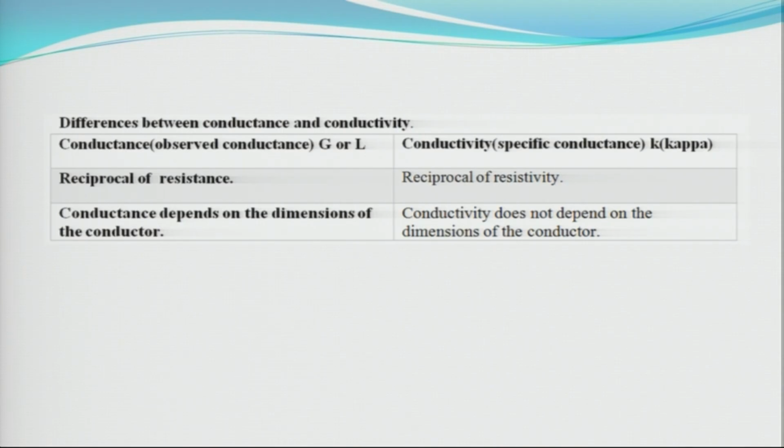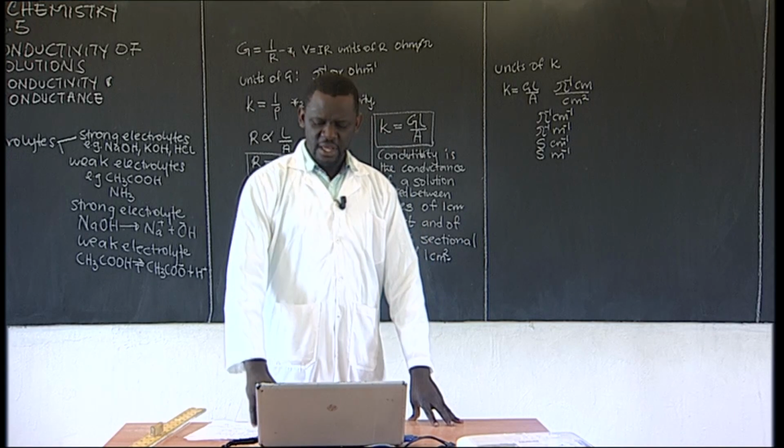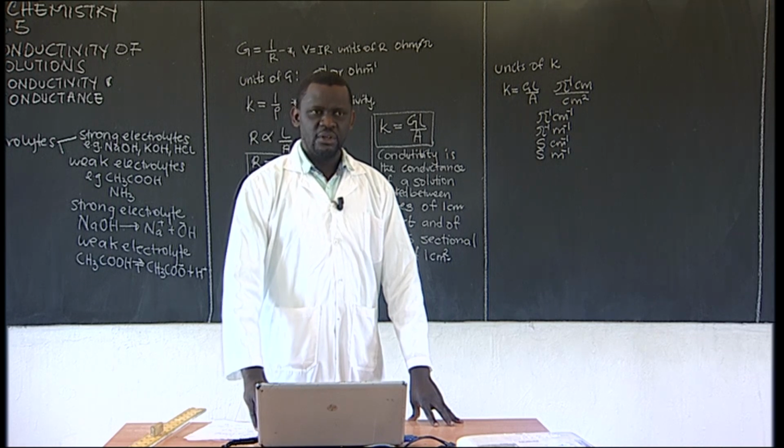Conductance depends on the dimensions of a conductor, and conductivity does not depend on the dimensions of the conductor. Who can give us more differences?